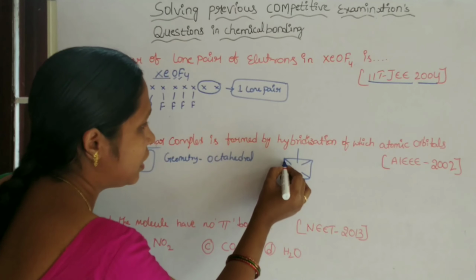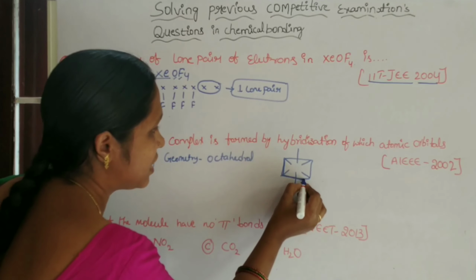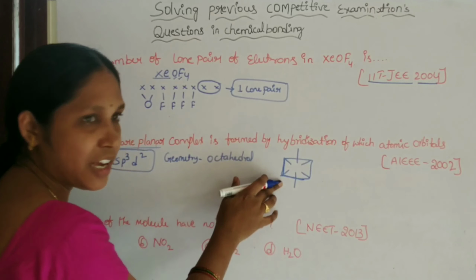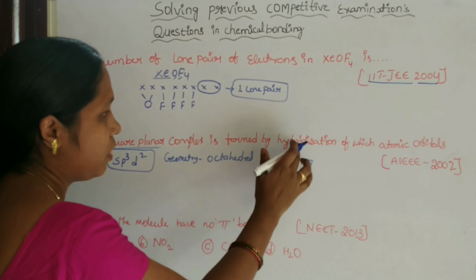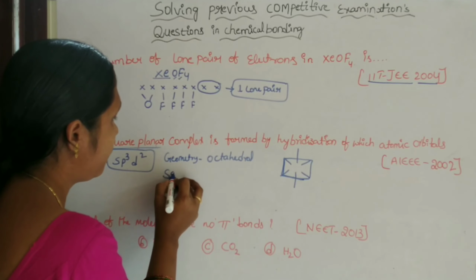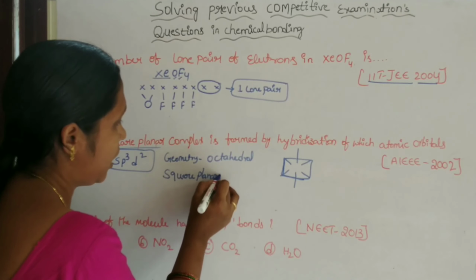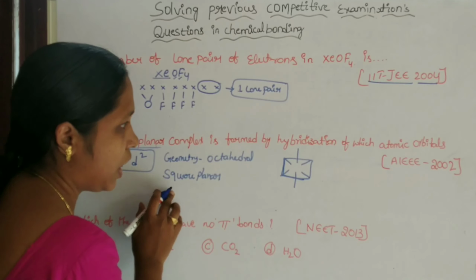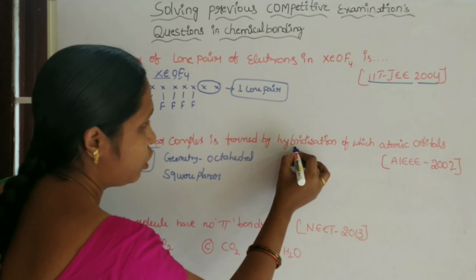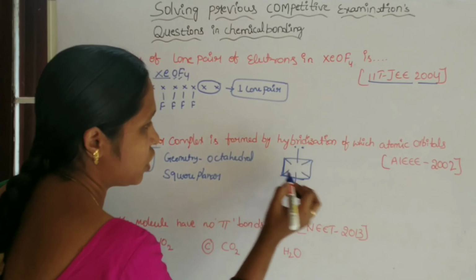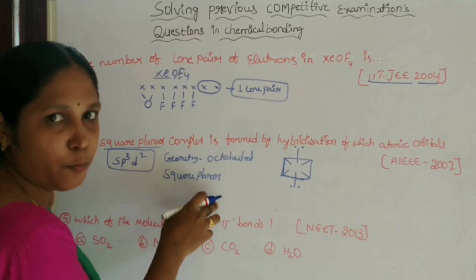Here see the y-axis, x-axis and z-axis. If we take a square planar shape, what happens? The 2 axial positions are occupied with lone pairs of electrons.